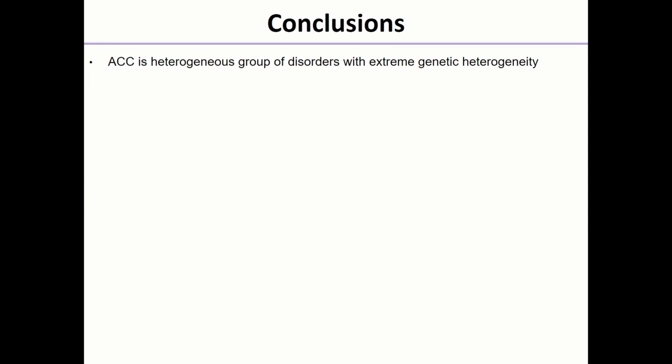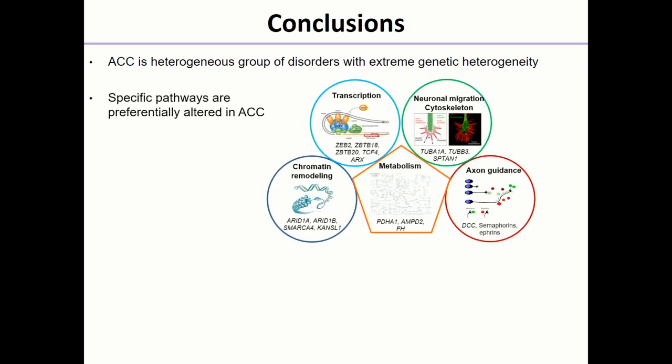So I've shown you that malformations of the corpus callosum are a very heterogeneous group of disorders with very extreme genetic heterogeneity. Actually, we think that specific pathways are altered in agenesis of the corpus callosum, mainly chromatin remodeling, transcription factors, neuronal migration and cytoskeleton, axon guidance, and also metabolism.